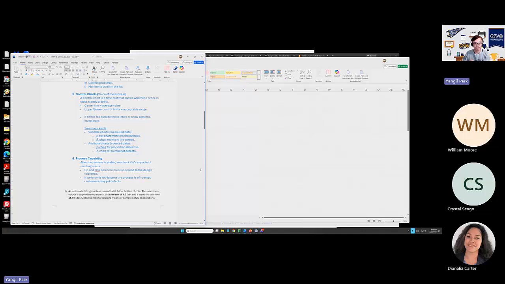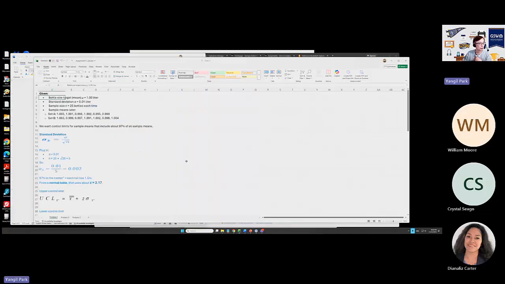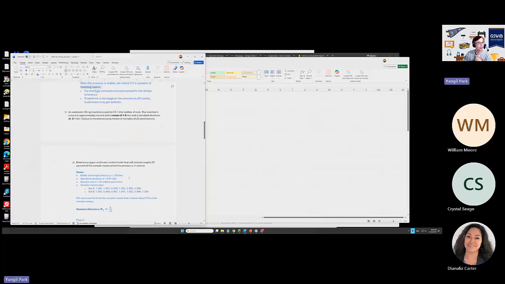So let's take a look. First one. They have an automatic filling machine to fill bottles of cola. It's not Coca-Cola, but cola.